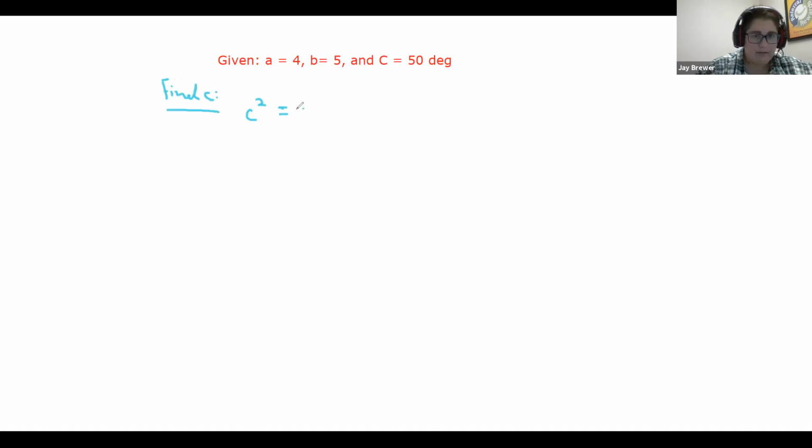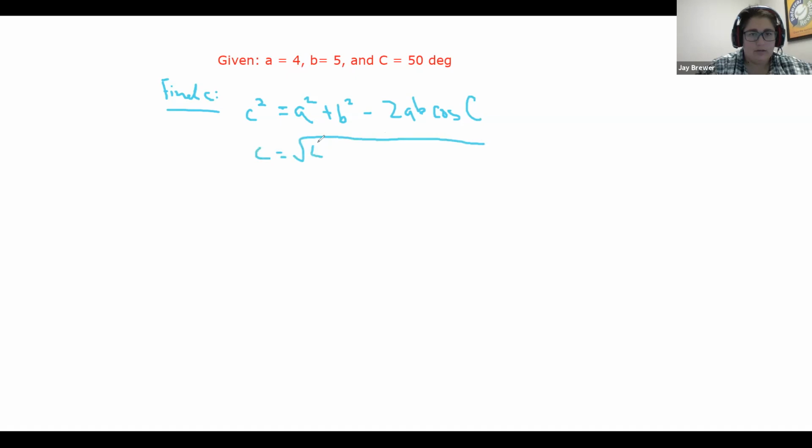All right. And it's going to be a squared plus b squared minus 2ab times the cosine of big C. And then to find just c, you'll take the square root of all that.